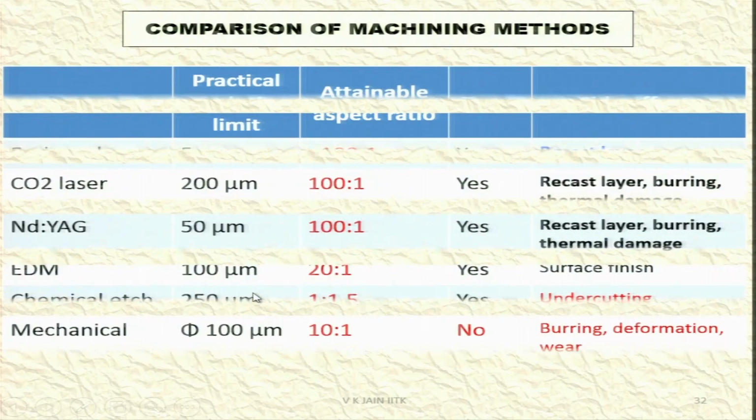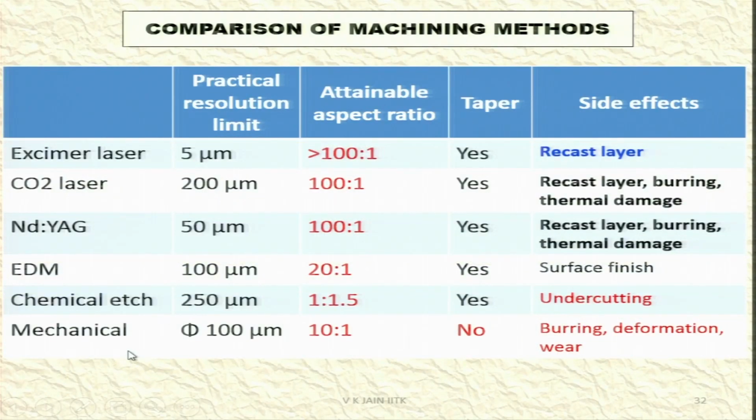Comparison of machining methods, I will just look at it. Excimer laser practical resolution limit 5 micron, CO2 laser 200 micron, Nd:YAG laser 50 micron, EDM 100 micron, chemical etching 250 micron, mechanical 100 micron, and so on.